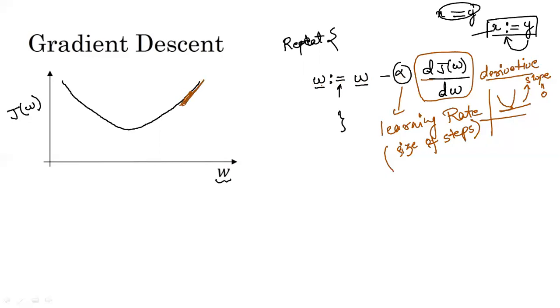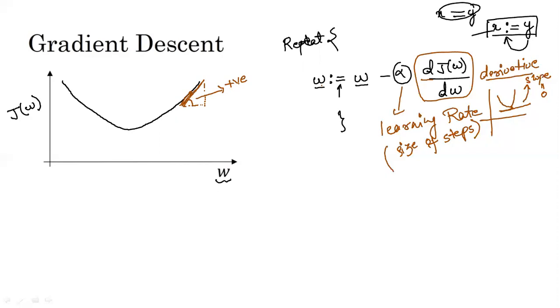Now suppose I draw a tangent at this point and find the slope of this tangent. The slope of this tangent would be positive. I don't know the exact value of this slope, but I know very well that it would be positive, because the tangent is like this at this point.